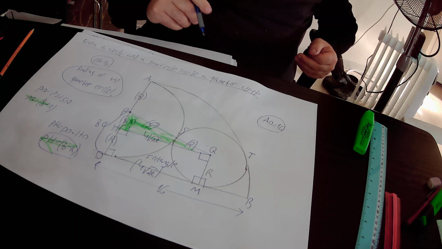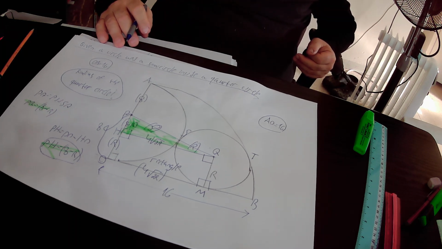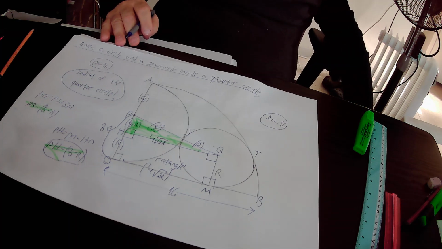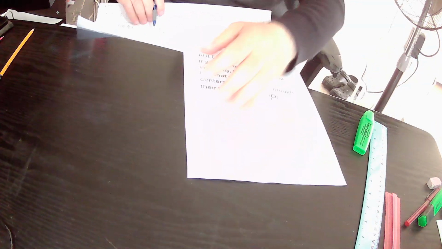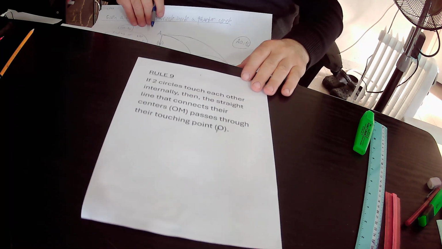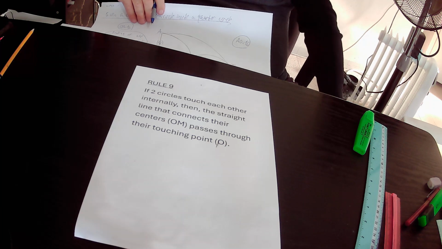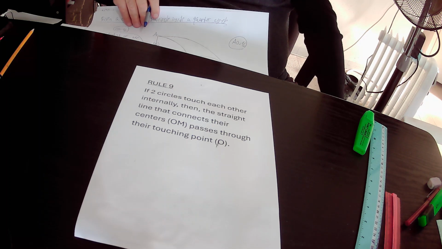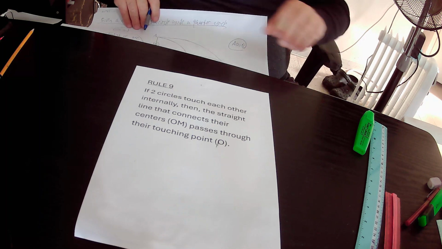And whenever you have an internal touching between two circles, you can implement rule 9. I'll repeat quickly rule 9. According to rule 9, if two circles touch each other internally, then the straight line that connects their centers together passes through their touching point.